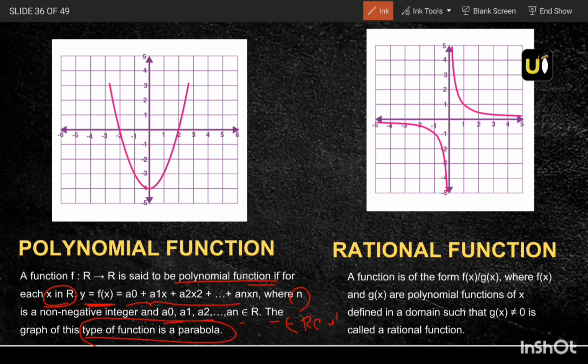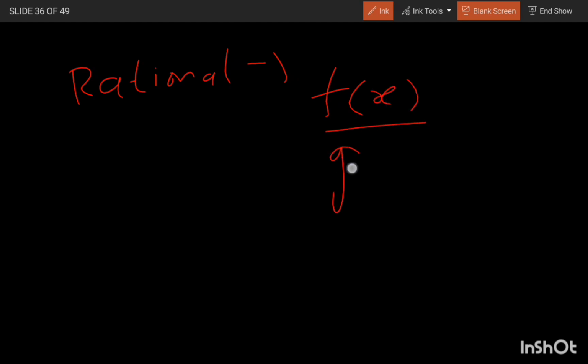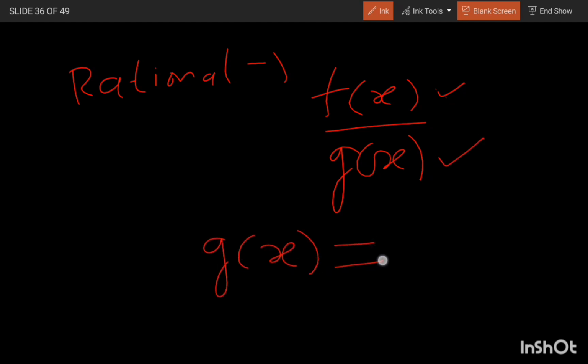Coming to rational function. Rational function is of the form f of x by g of x, where f of x and g of x are two polynomial functions. So basically a rational function is defined as a fraction of two polynomial functions, where g of x is not equal to 0. g of x must not be equal to 0.